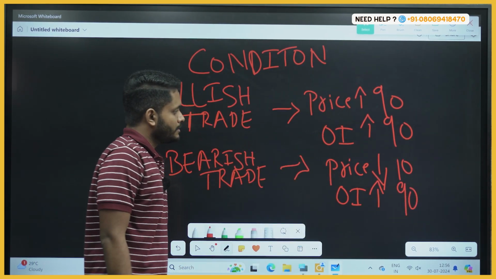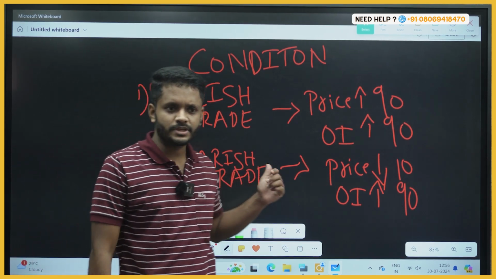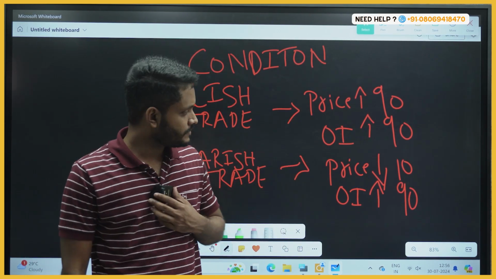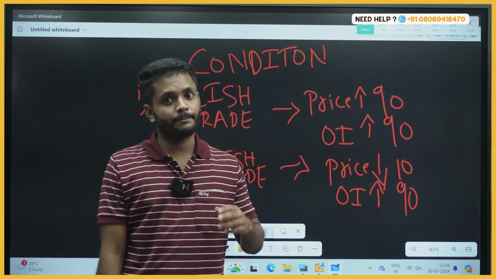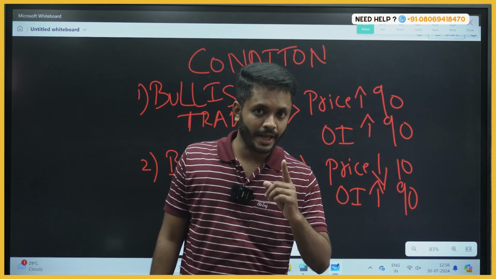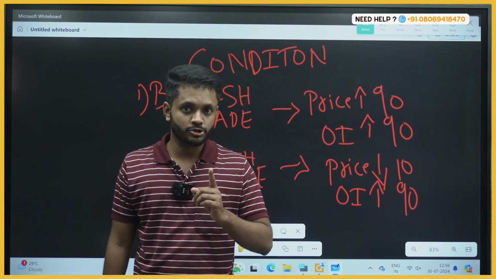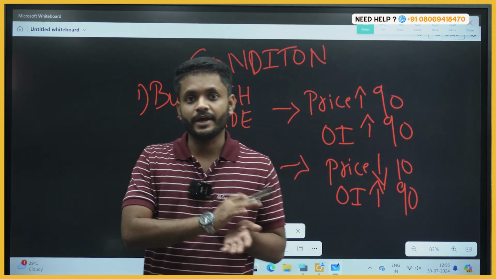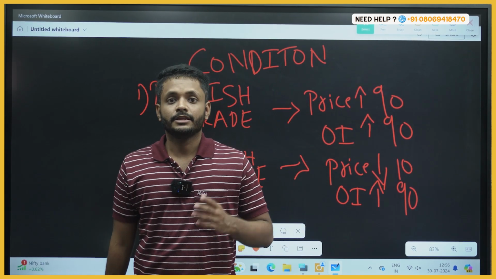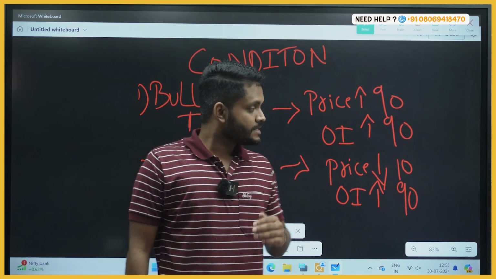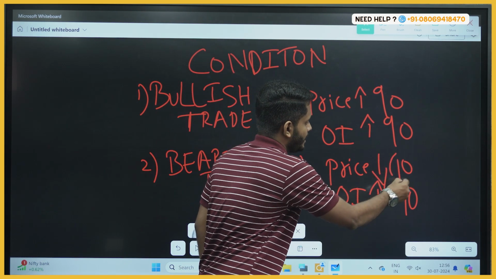Just take a snap of this, or make a note of this as per your convenience. In case of a bullish trade, the price percentile should be above 90 and OI should also be above 90. But when it comes to finding a short trade, that is a swing on the downside, the price percentile should be somewhere around 10 or below 10.